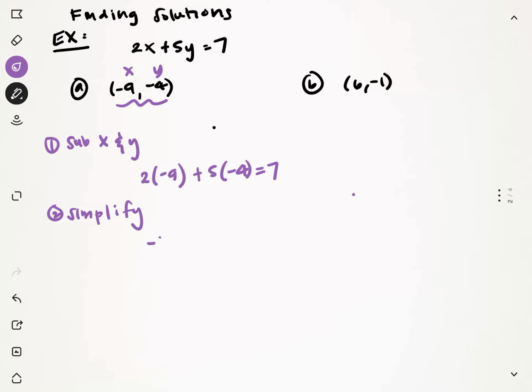So 2 times -9 gives us -18. 5 times -4 is -20, so maybe we should put a minus there. You could put a plus negative, that's fine too. Equals 7, and then when we simplify the left hand side, we end up with -38, which is not equal to 7.